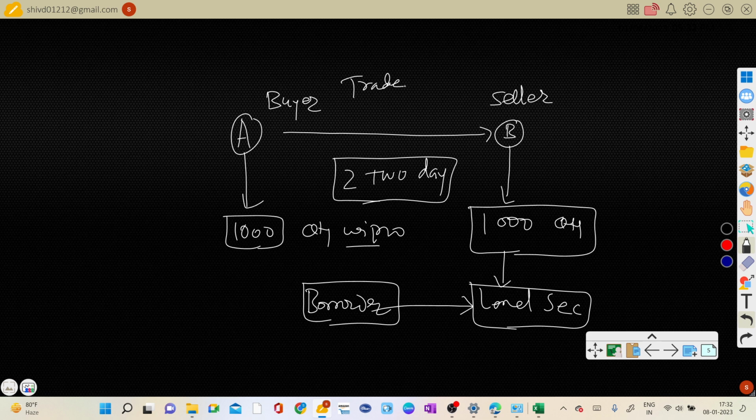If B is not able to deliver the security to A on time, then this trade will fail automatically.